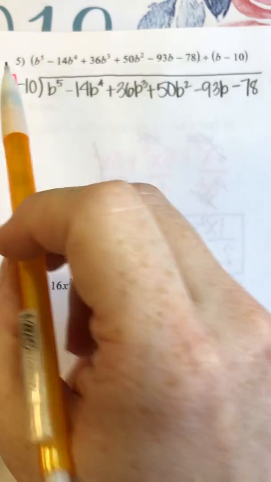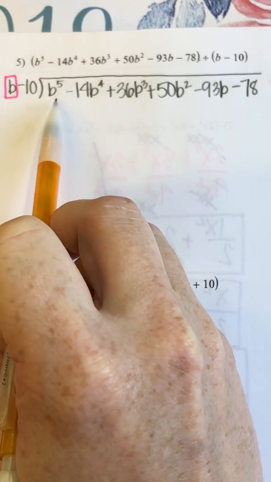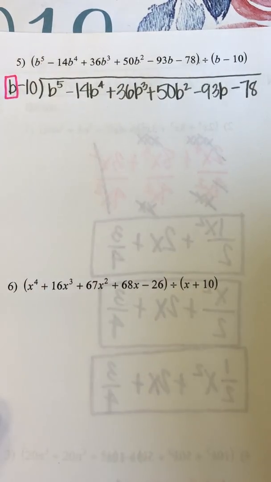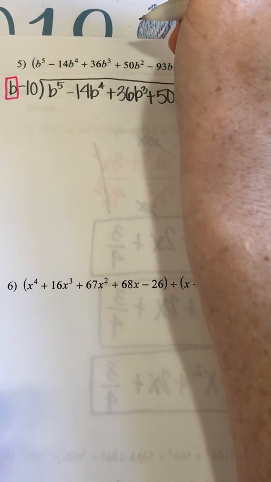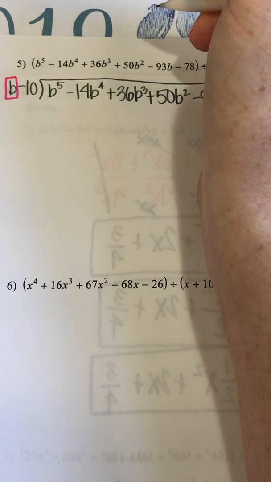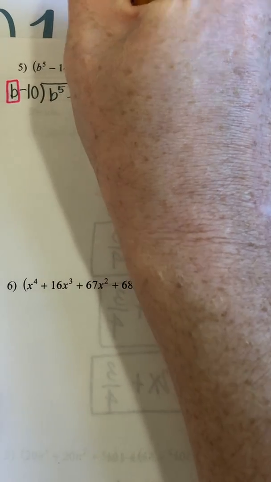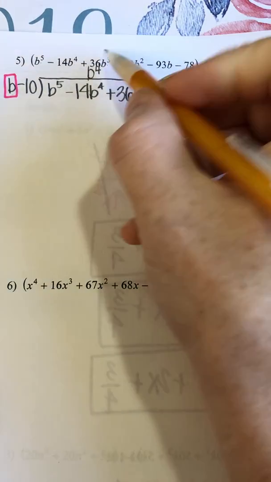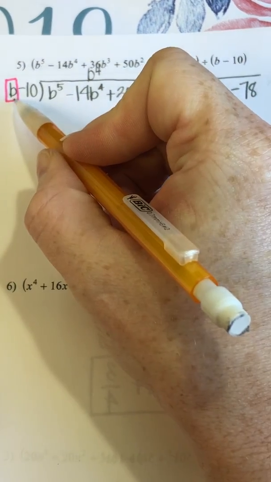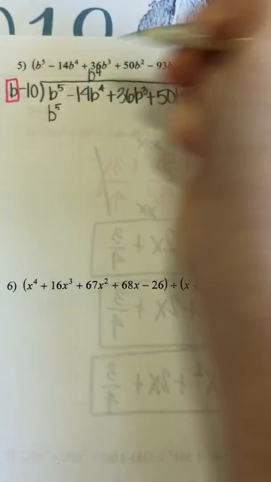What can I multiply by b so that I end up with b to the 5th power? How many more b's do I have to multiply it by? 4 more, not 5. 4 more. b to the 4th times b is b to the 5th power.